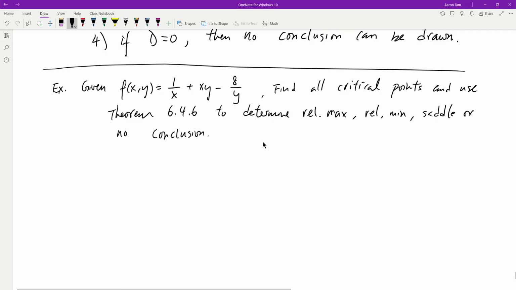So the question is very specific. You have to use theorem 6.4.6.